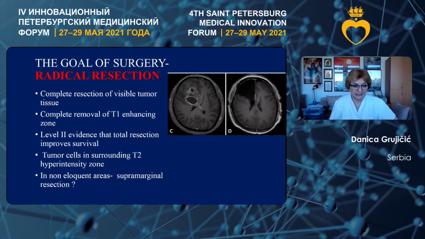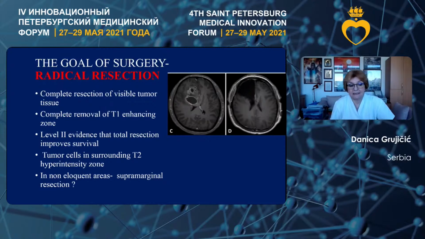We always try to do our best when performing the surgery so that it's as radical as possible, whether it's in the temporal lobe of the brain or in the front part of the brain, but it's not always that we can do radical surgery. We are not always able to have the radical resection.